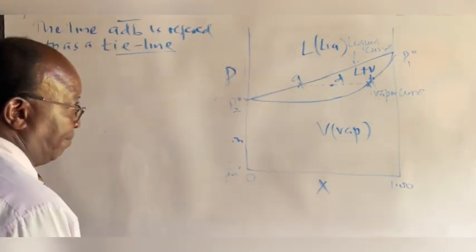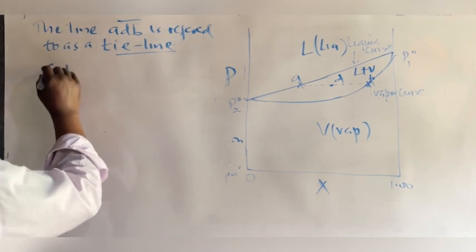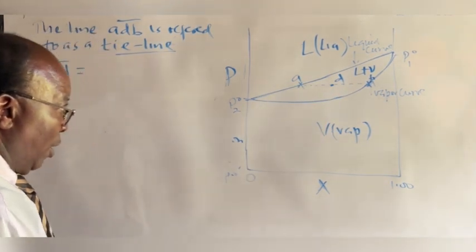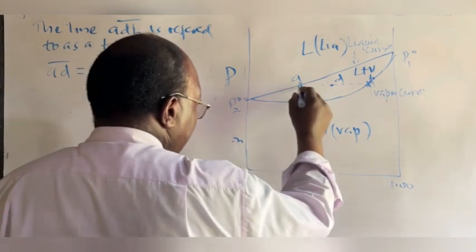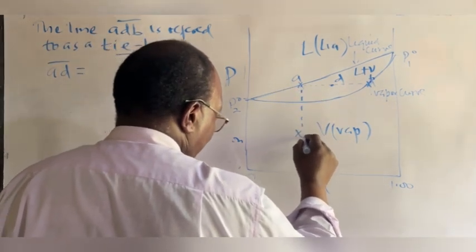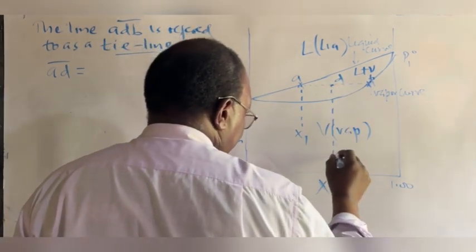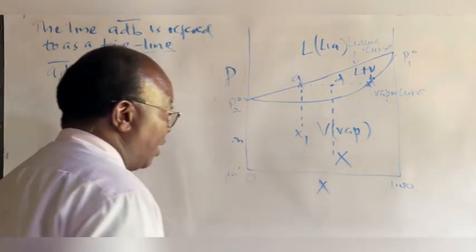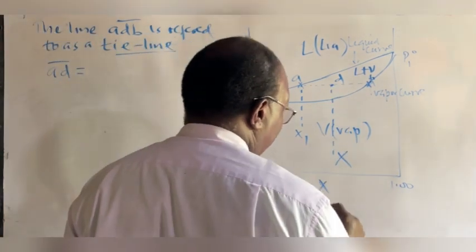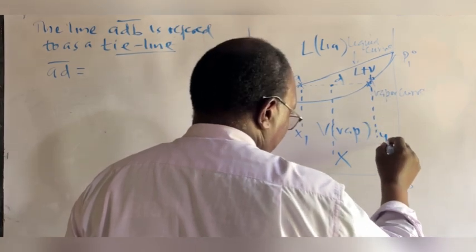Now, the segment AD, if we call this segment as having a mole fraction for the liquid X1, and the segment D having the global mole fraction for the system, X, and here B corresponding the mole fraction Y1.